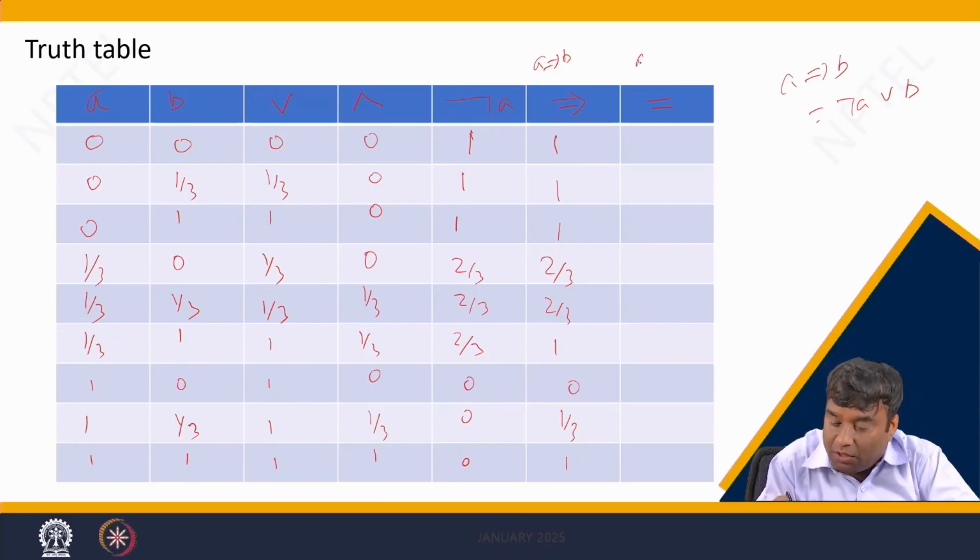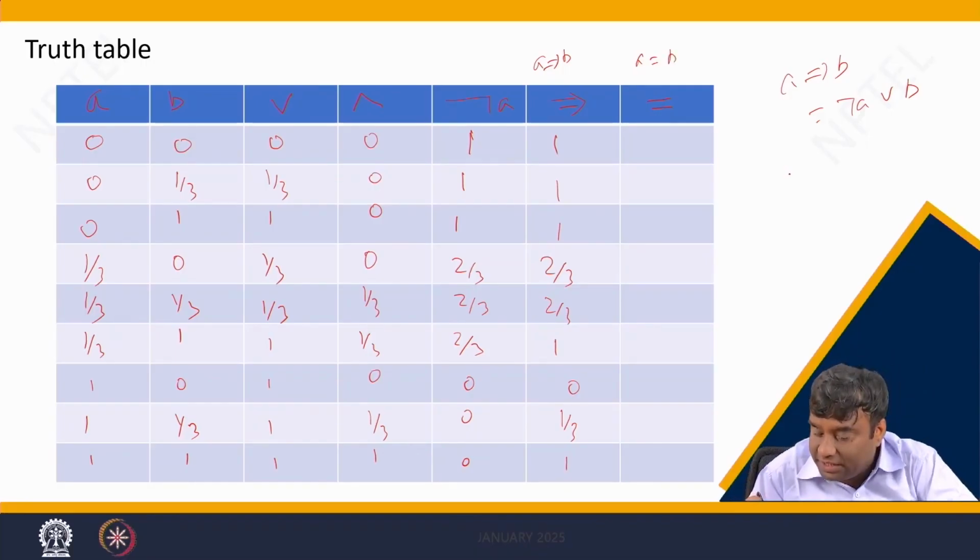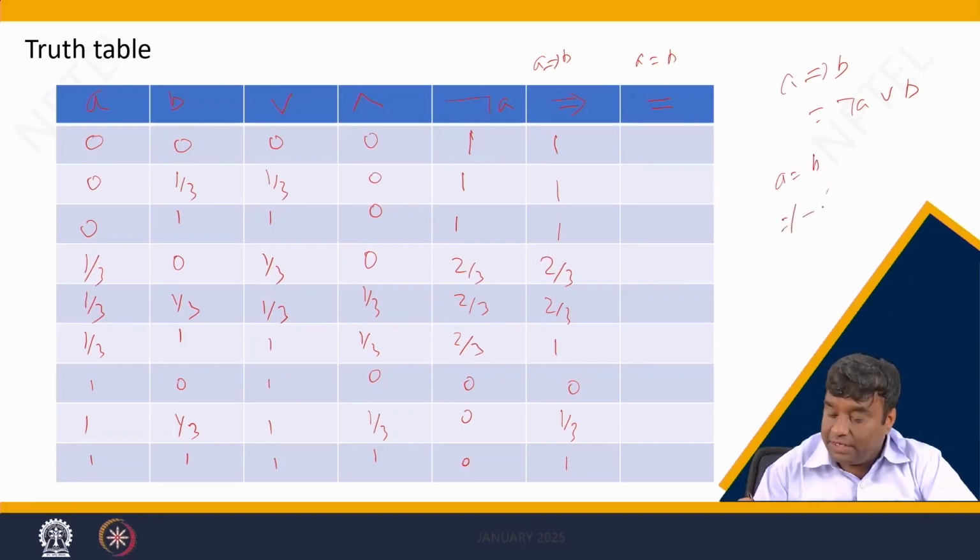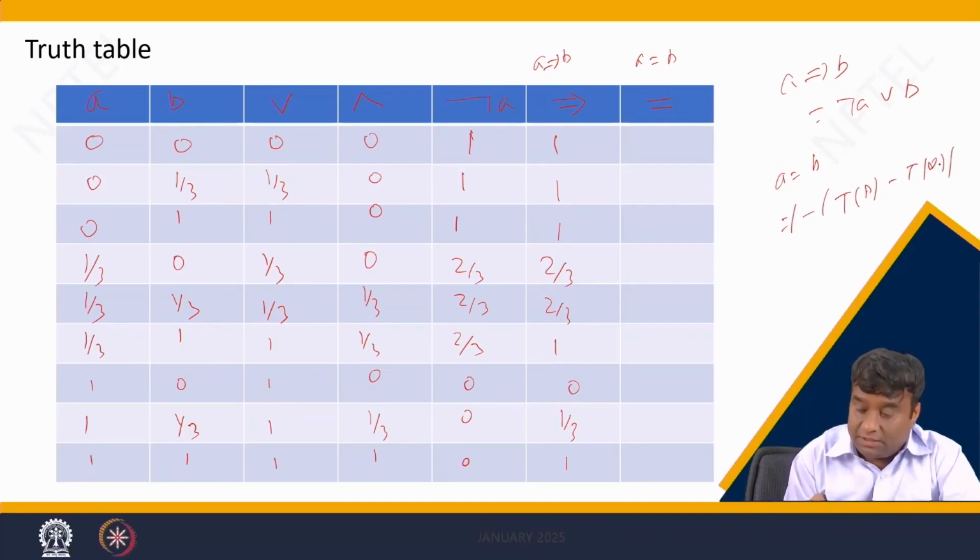Next is A equal to B. You can write it as 1 minus the absolute value of TA minus TB. The first values are 0 and 0, the difference is 0, so 1 minus 0 is 1. 0 minus 1/3 is 1/3, so the result is 2/3. Again for 0 and 1, the result is 0.